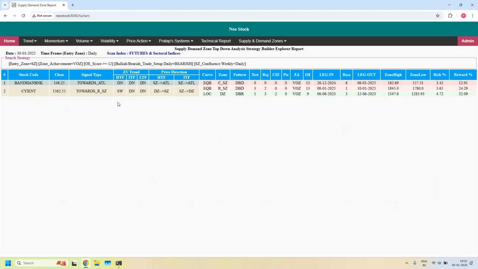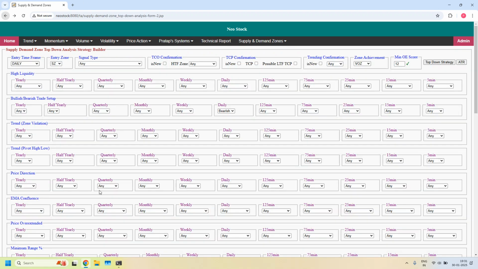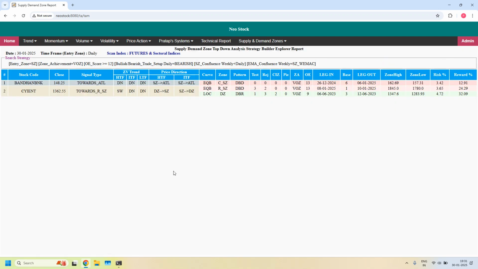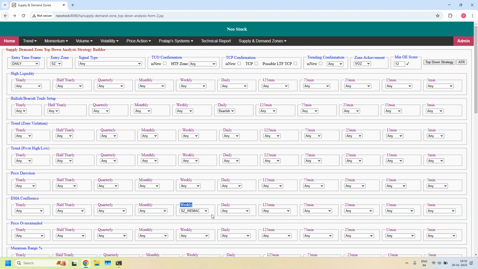Both these stocks have a downtrend. Let's check if they are having weekly EMA confluence. In the EMA confluence weekly time frame, the weekly supply zone having weekly EMA confluence filter is enabled. Both are filtered. So these two are high probability trade setup supported stocks. Let's verify both are having a HTF confluence also.